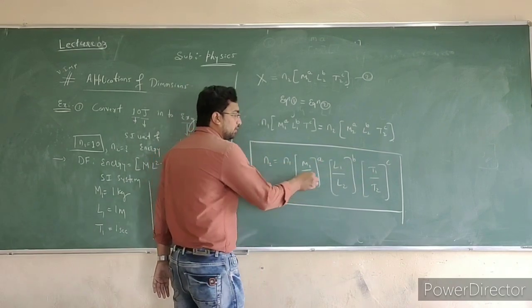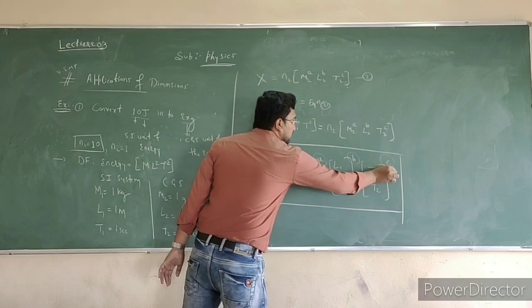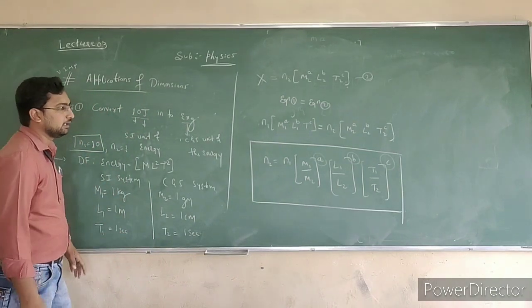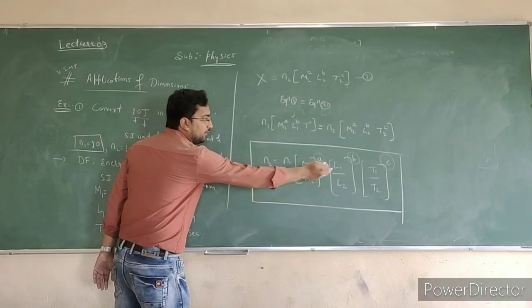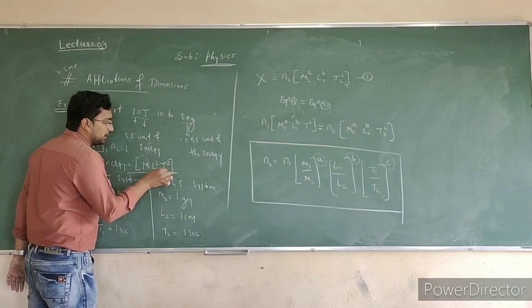Next we are going to find out the A value, the B value and the C value. So here we are just comparing the powers of the fundamental physical quantities to the powers in the dimension formula for energy.